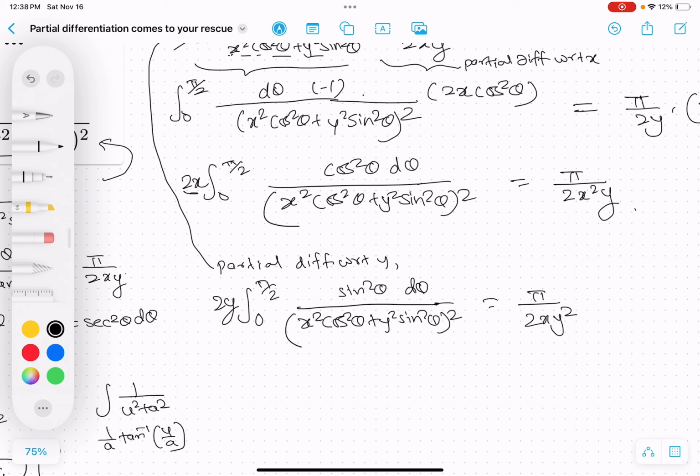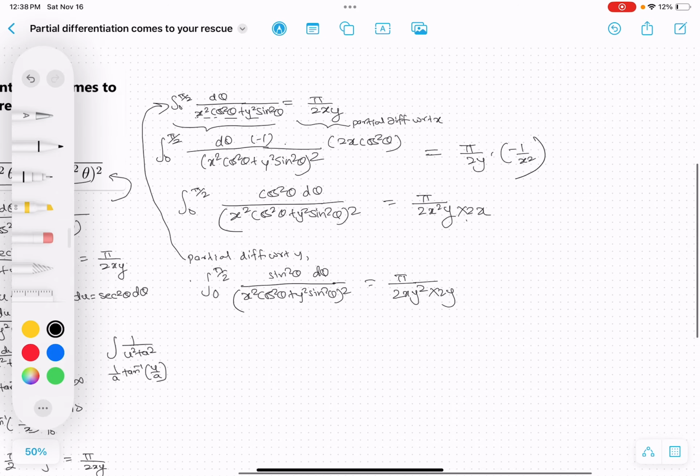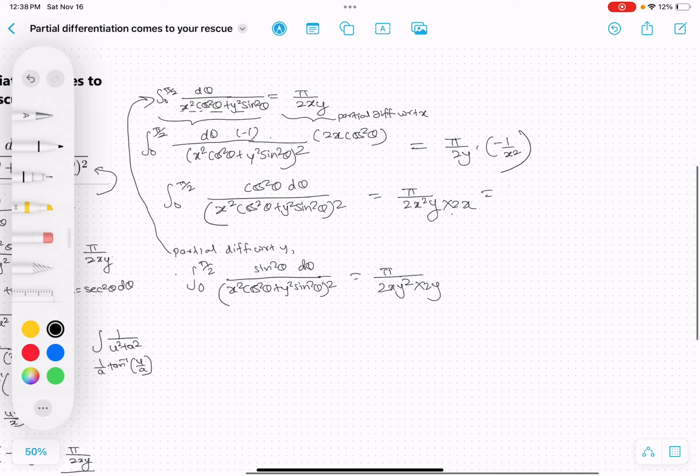If I do that, this 2x will multiply over here. If I do the same over here, this 2y will be multiplied over here. So that means the answer for this newly formed integral will be 1 by 4x cube y, and pi by 4xy cube, right?